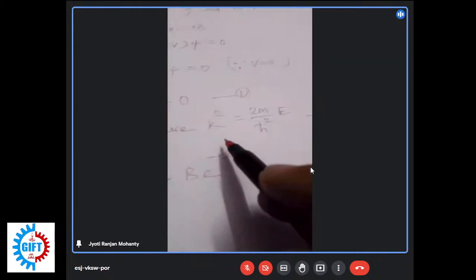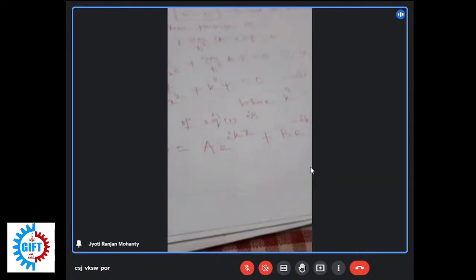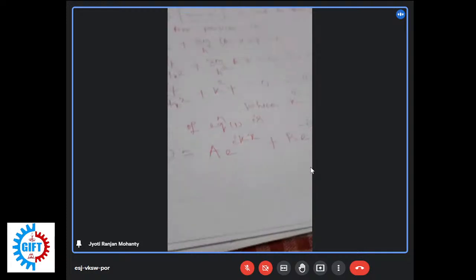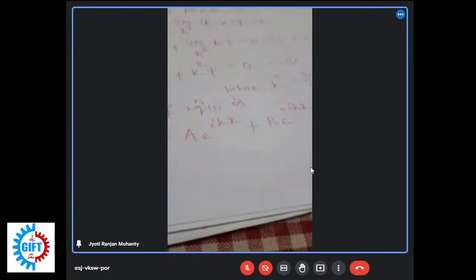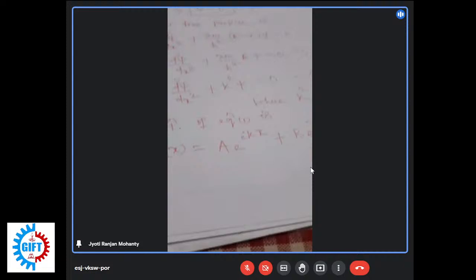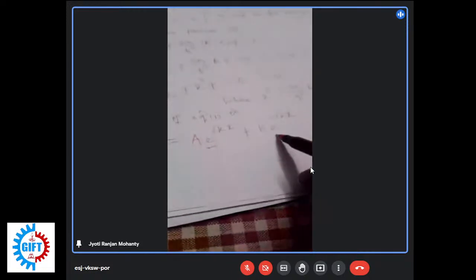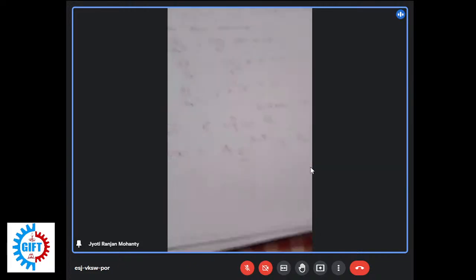A e to the power i kx plus B e to the power minus i kx. So we can write the solution in terms of an exponential function, where A and B are unknown constants.